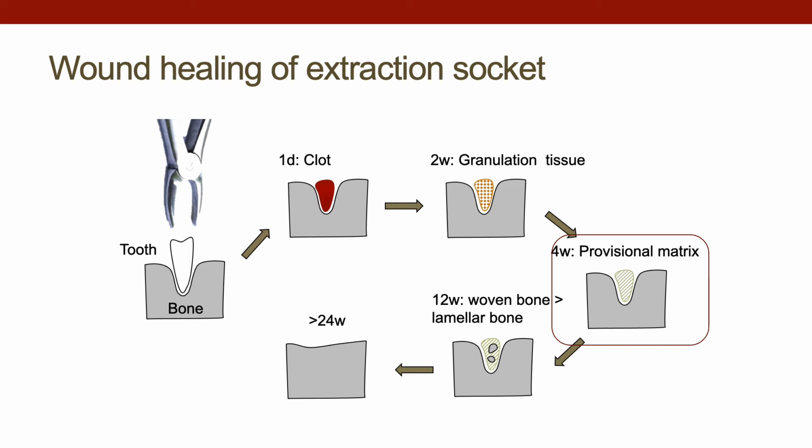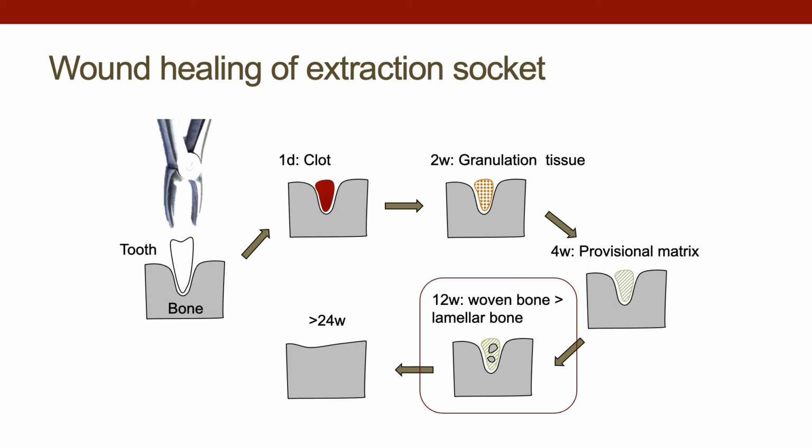By 4 weeks, there's provisional matrix that has been made by the granulation tissue. Then after 12 weeks, you get a transition of woven bone into the lamellar bone, the stronger later version. And after 24 weeks, it completely heals up and fills in the socket.